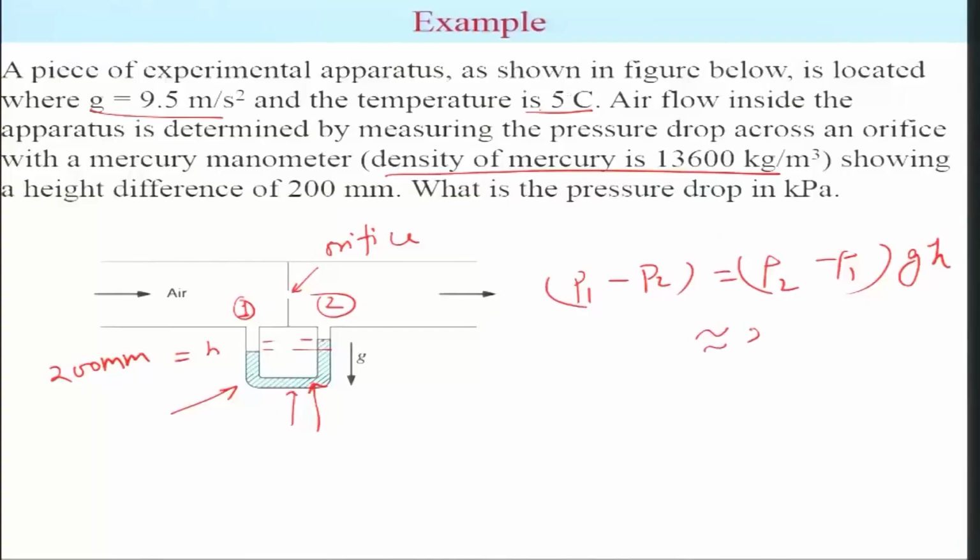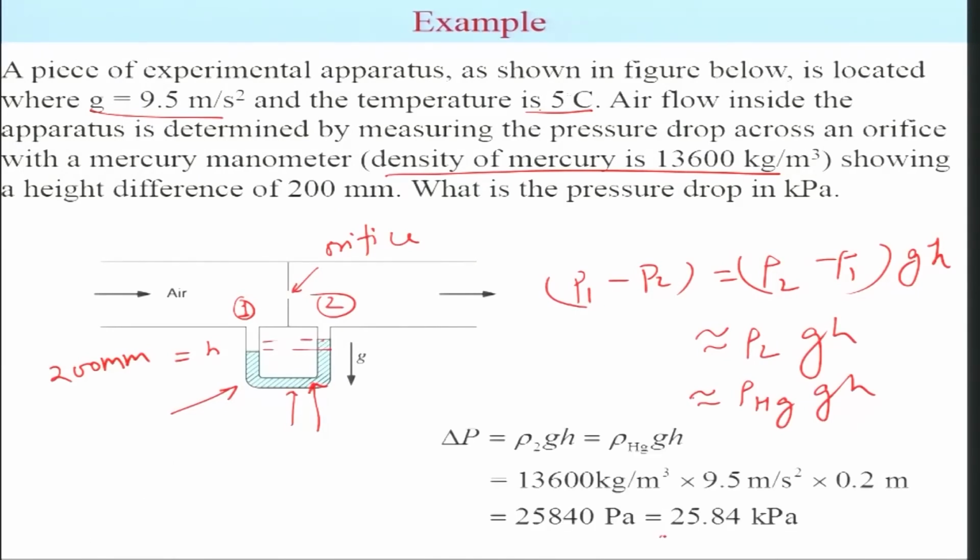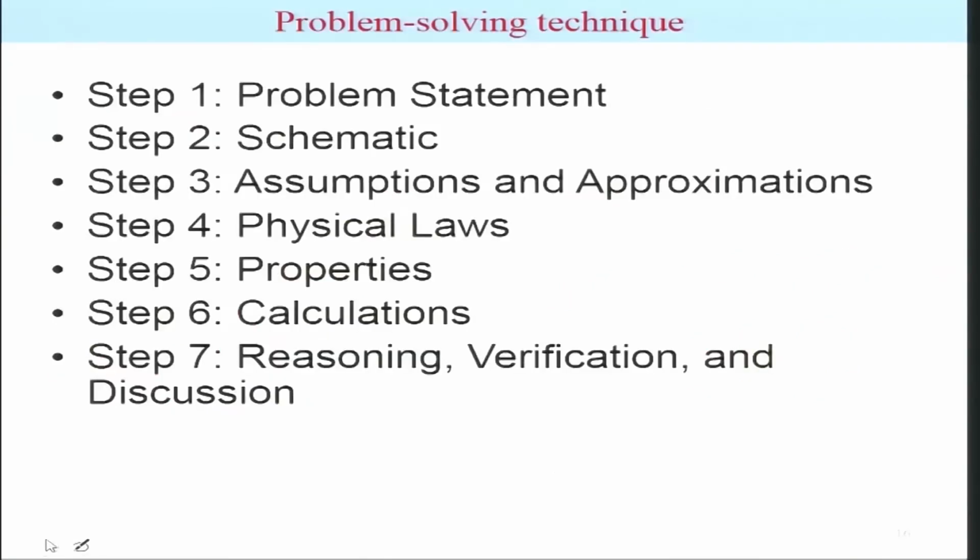The density of mercury is quite large, so we can ignore the gas density and consider this to be simply the mercury density multiplied by H. That's how we plug in the values, and we get 25.84 kilopascal.